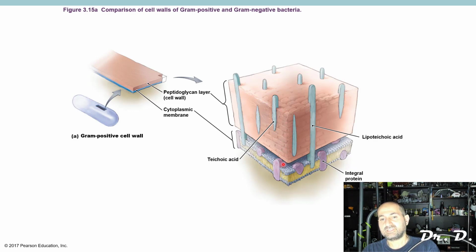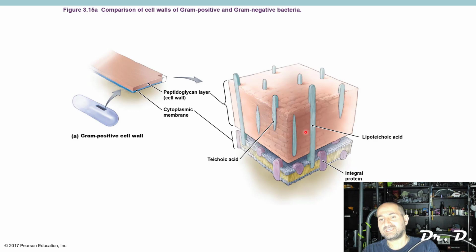This is a very thick layer of peptidoglycan. And these structures, these tall structures inside, are called the lipoteichoic acids, which help give a negative charge to the cell wall.